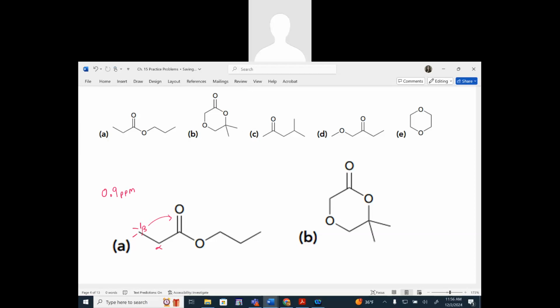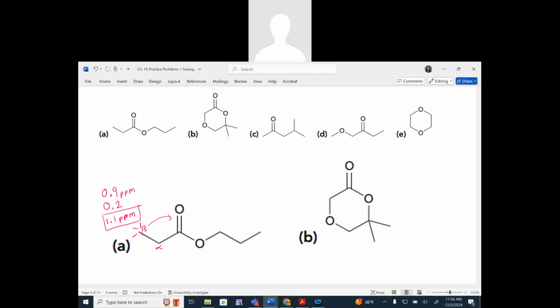So about 1/5 of the effect would be seen. Instead of adding 1.0 for a carbonyl, we'll add 0.2 ppm here. We would expect to see this signal around 1.1 ppm for those three methyl protons.